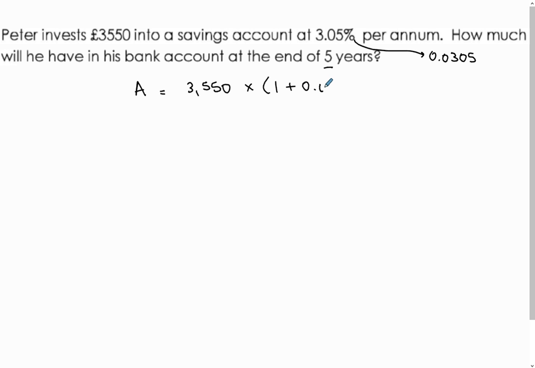So 0.0305 to the power of 5. Isn't that easy? Once you know the formula, it's just a case of applying the formula. So that's how much you'd have at the end of 5 years. Okay, next question.